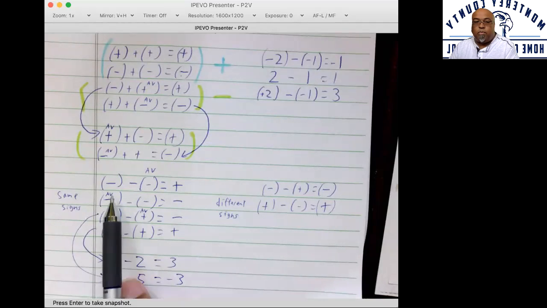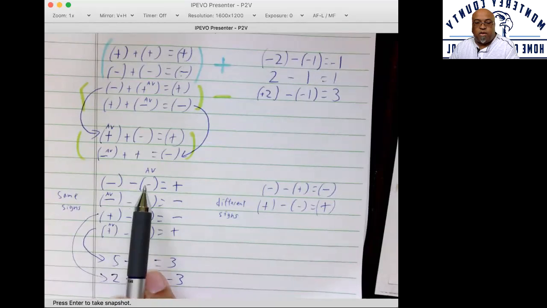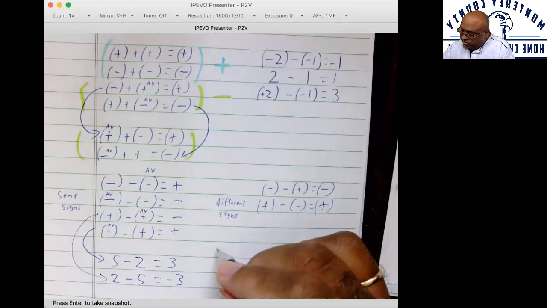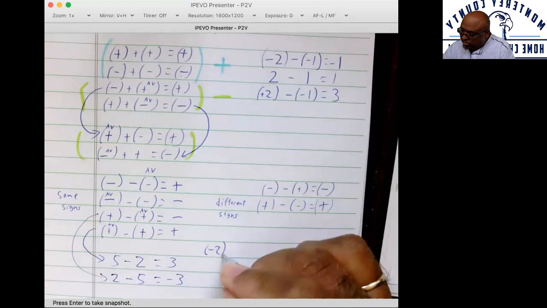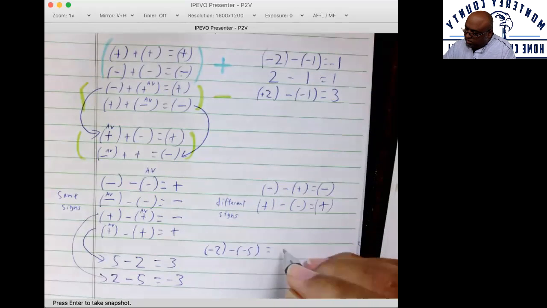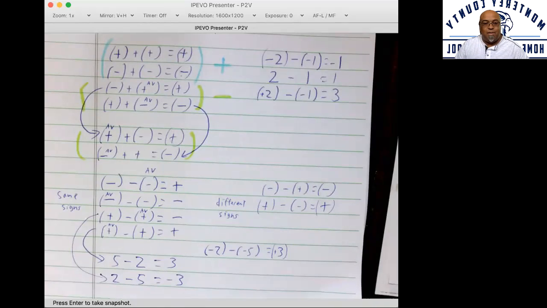Now let's do an example for this one. I have a negative minus a negative of greater absolute value, which equals a positive. So let's say negative 2 minus negative 5 is equal to positive 3. Okay? So the idea is I start owing $2.